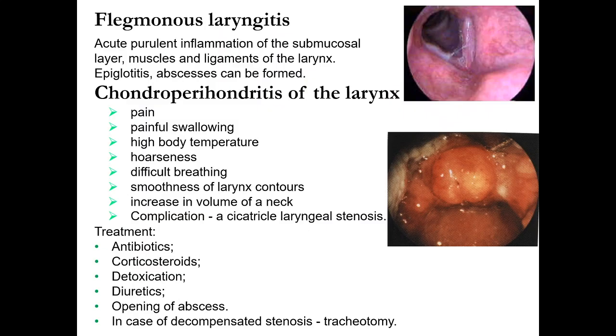Phlegmonous laryngitis, acute purulent inflammation of the submucosal layer, muscles and ligaments of the larynx. Epiglottitis, an abscess can be formed. Chondroperichondritis of the larynx: pain, painful swallowing, high body temperature, hoarseness, difficult breathing, smoothness of larynx contours, increase in volume of the neck.